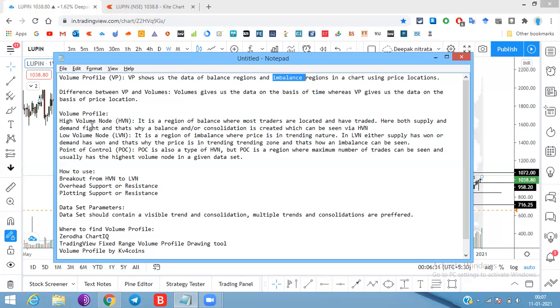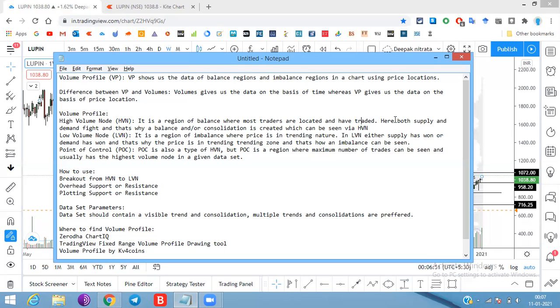First, let me tell you the meaning of high volume node. It is a region of balance where most traders are located and have traded. Here both supply and demand fight, and that's why a balance or consolidation is created.